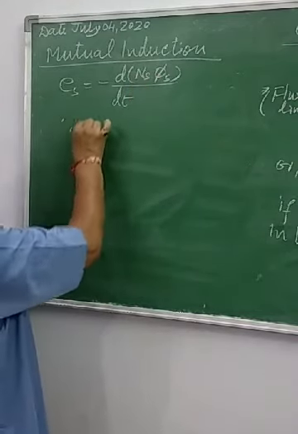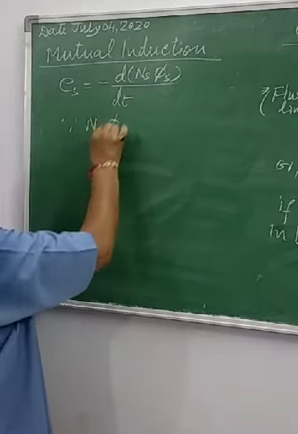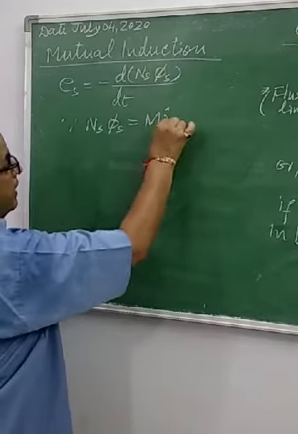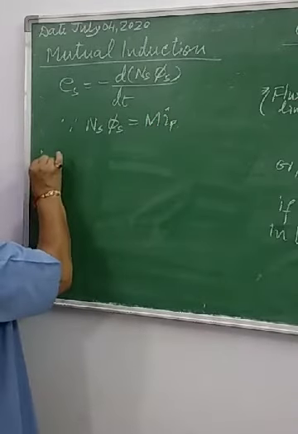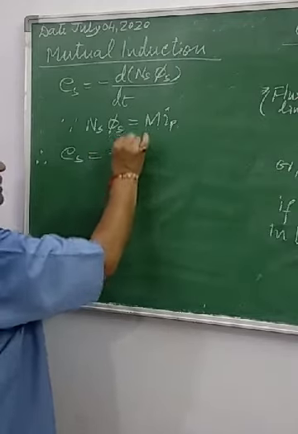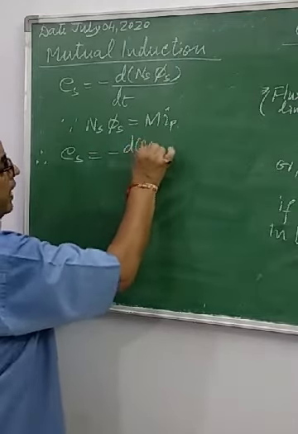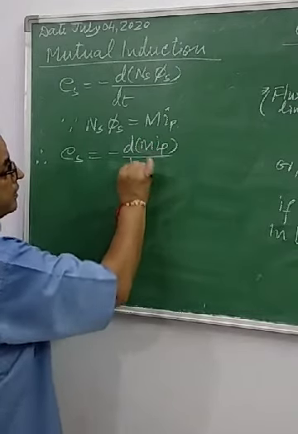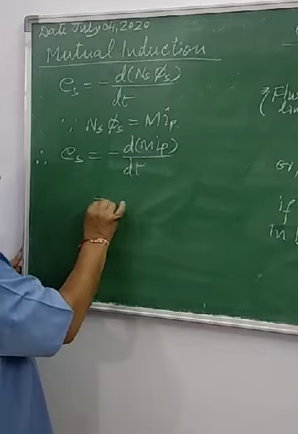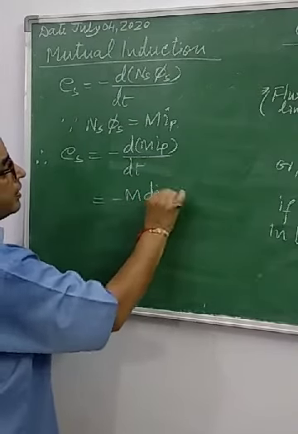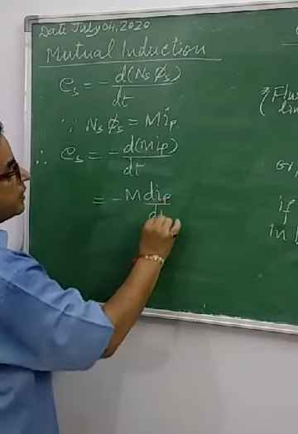Since N_S phi S equals M I_P, therefore E_S equals minus d(M I_P) upon dt, or it is equal to minus M dI_P upon dt.